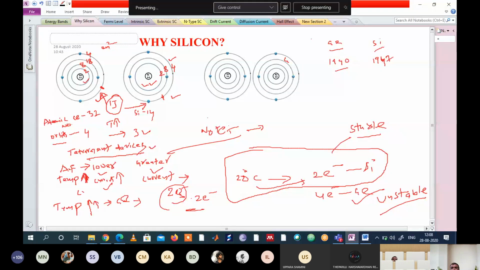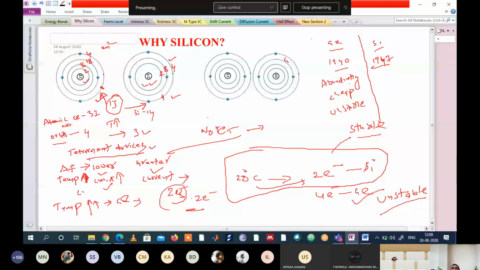Germanium is abundantly available on Earth's surface in the form of rocks, and also it is cheap, but it is unstable. Please write these differences. Germanium: abundantly available, cheap, but unstable.